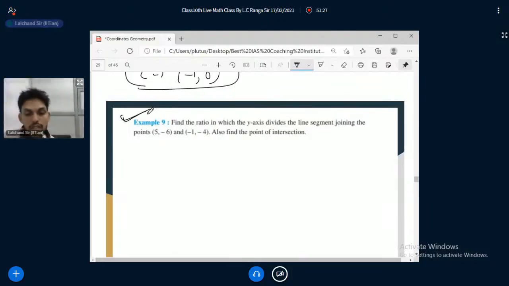So now try this question. Can you solve this question, Krishna? Now find the ratio in which y-axis divides the line segment joining these two points. Okay, tell me answer first.